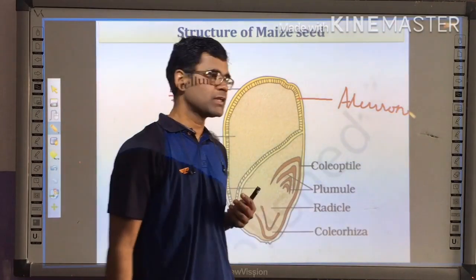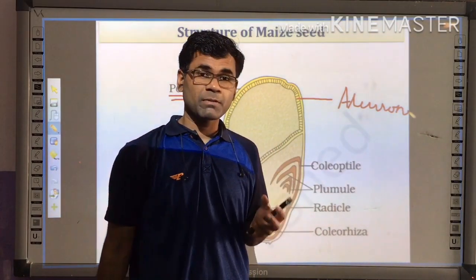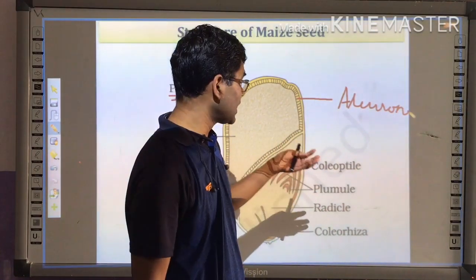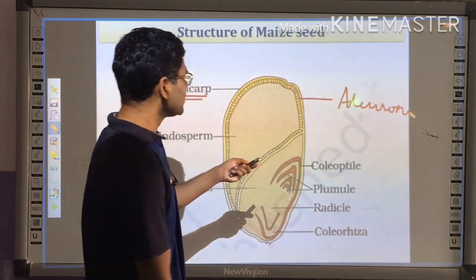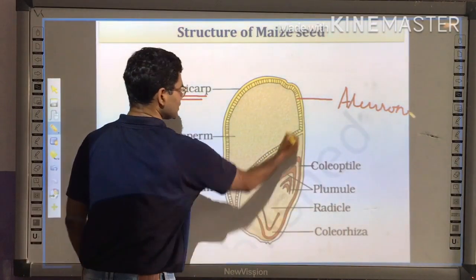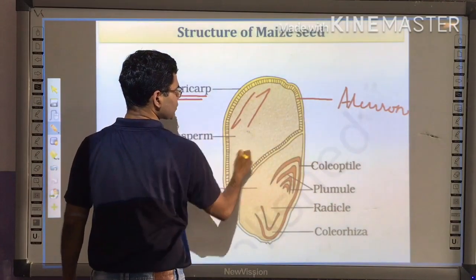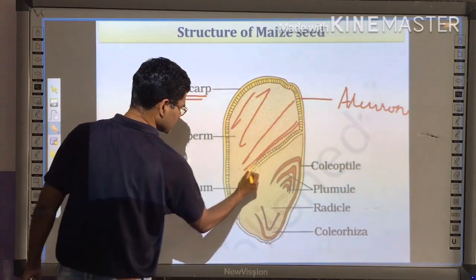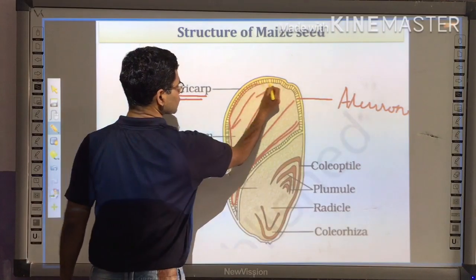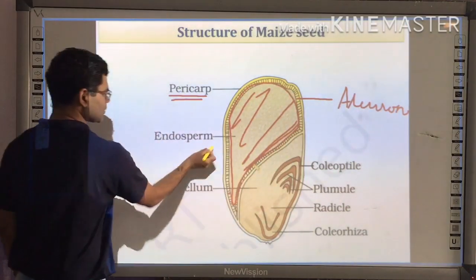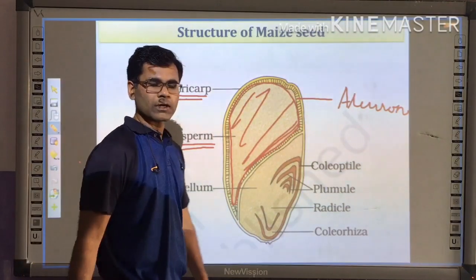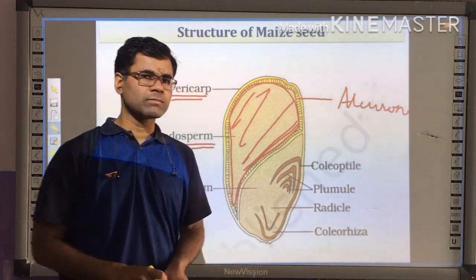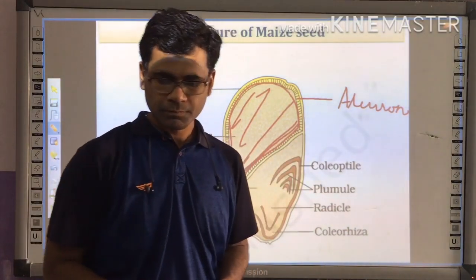It is rich in protein content. Various types of amino acids are all present in the aleurone layer, and this aleurone layer encircles the largest part, from here to here, this whole structure. This structure is termed endosperm, or in monocot it is also termed scutellum.